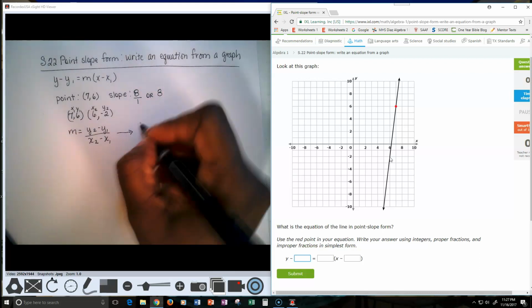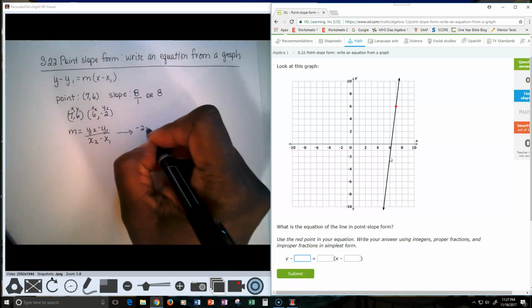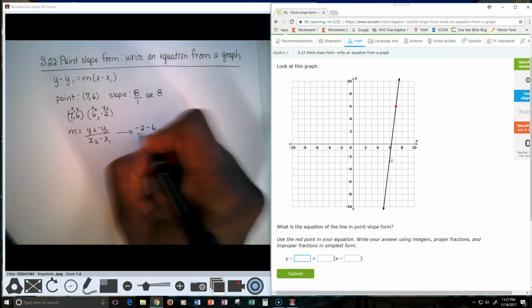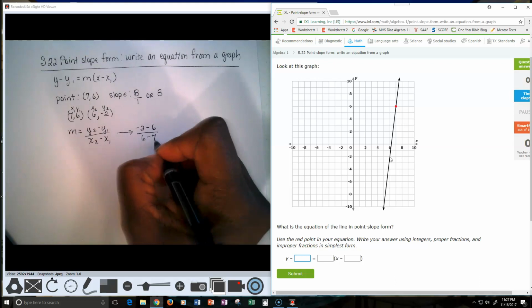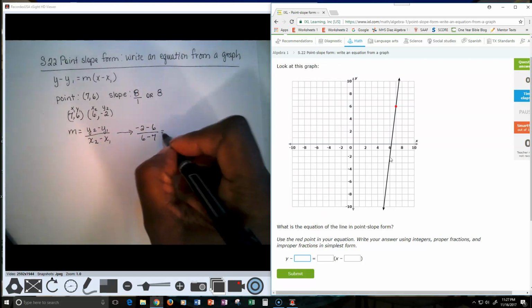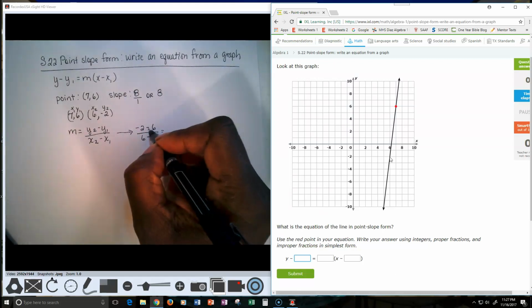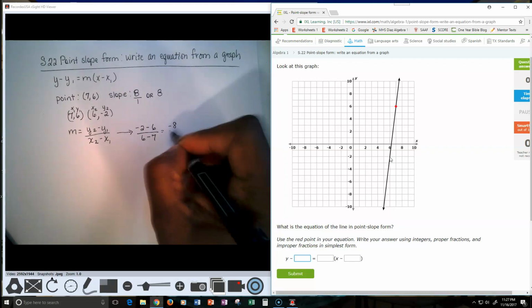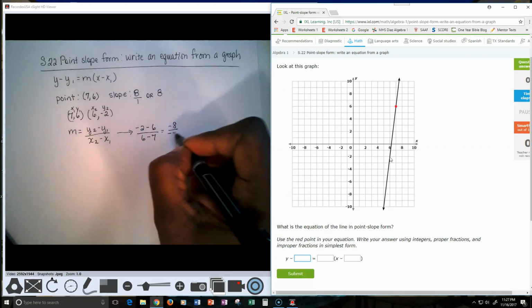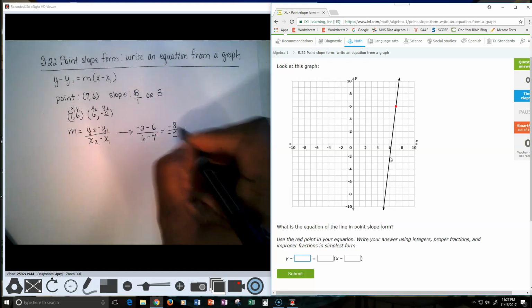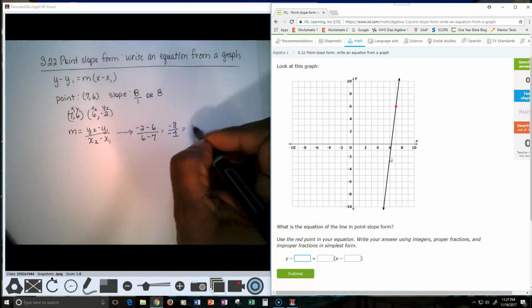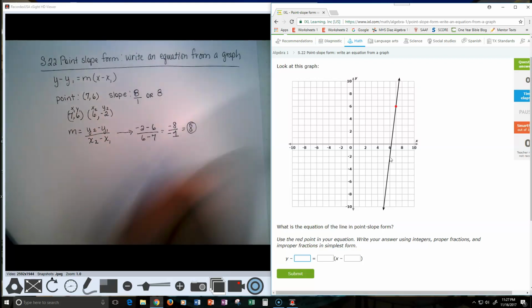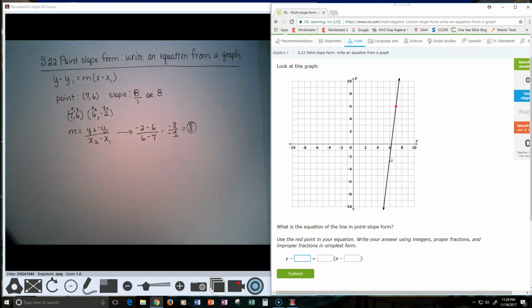And that looks like this: negative 2 minus 6 divided by 6 minus 7. Negative 2 minus 6 is negative 8. 6 minus 7 is negative 1. And a negative divided by a negative is a positive, so negative 8 divided by negative 1 is positive 8. So I'm pretty confident that we're right.